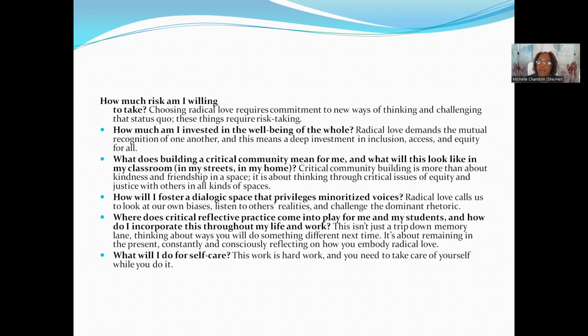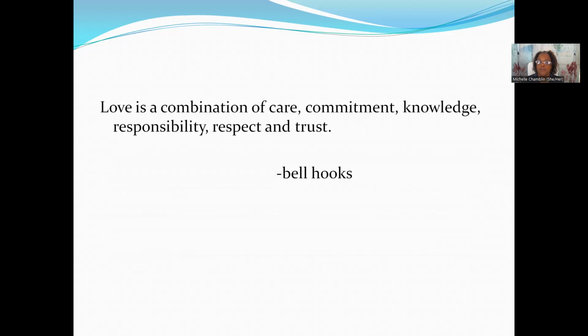So how do you take care of yourself and the whole self? Beyond this professional development, there's self-care of the mind, the body, the spirit, the heart. All of those things are important when we look at radical love.